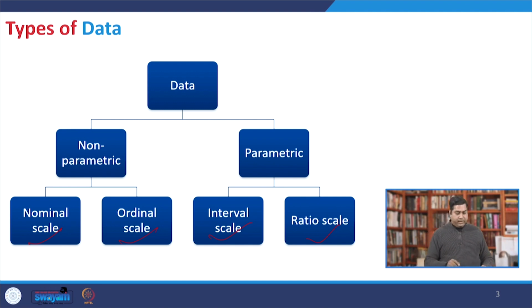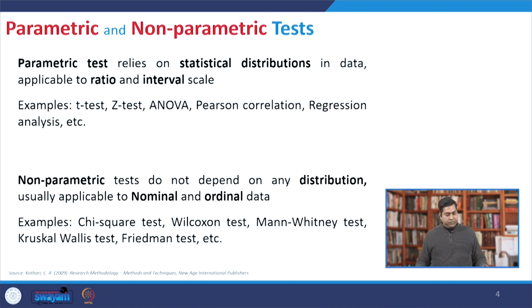For that we will go for a non-parametric test, whereas for interval and ratio scale we can take the parametric one. So, this is the basic idea about when to perform parametric and non-parametric tests for your research.